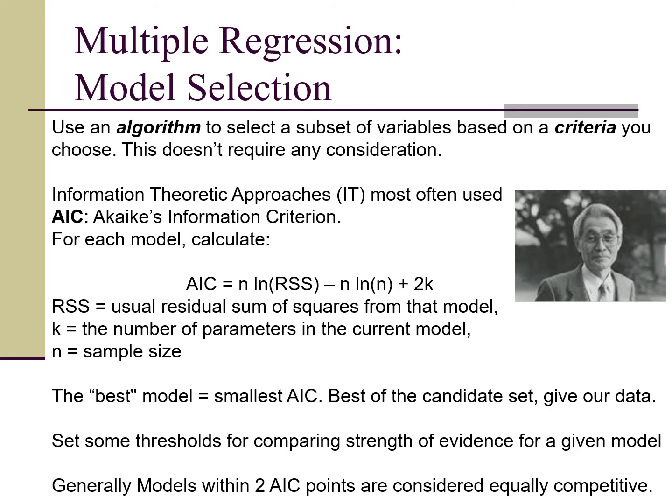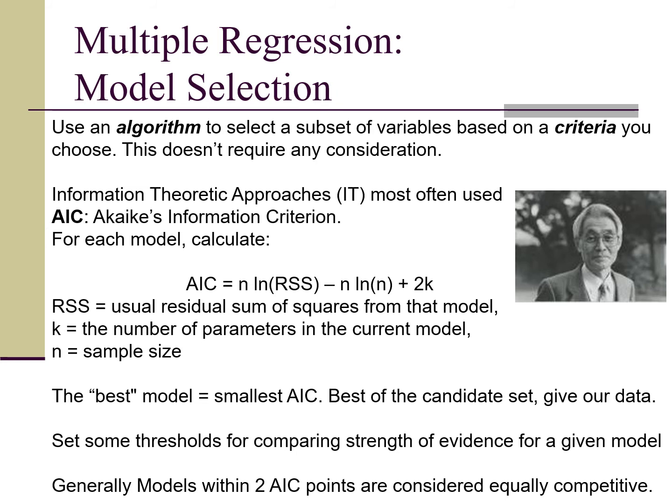Okay, so the criteria AIC is Akaike's information criterion. It's based on an information theoretic approach, and basically what that does is you're trying to quantify the amount of information that you're actually getting to do your prediction.